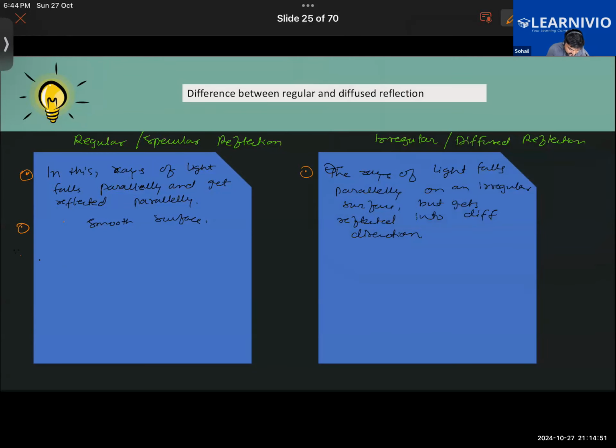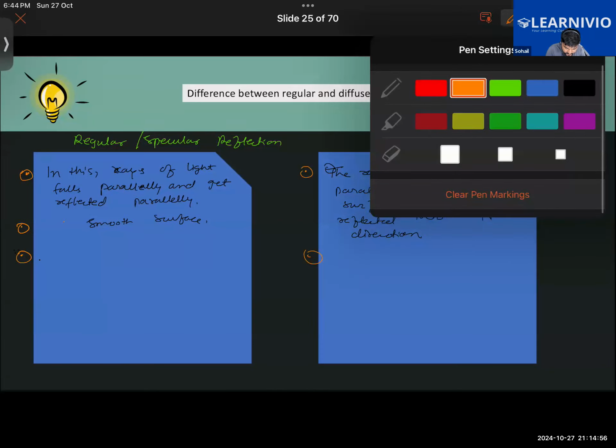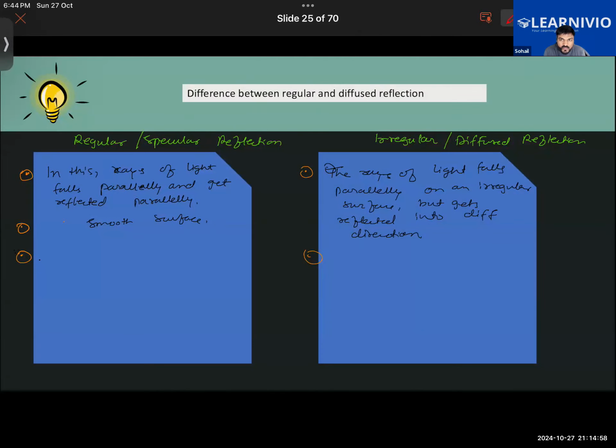Okay. In which case does image formation take place, in the regular or the irregular reflection? Regular. Okay. Yes, that is correct, everyone. So image formation takes place here. Image forms here, and here no image forms, but we are able to see different things around us because of irregular reflection.